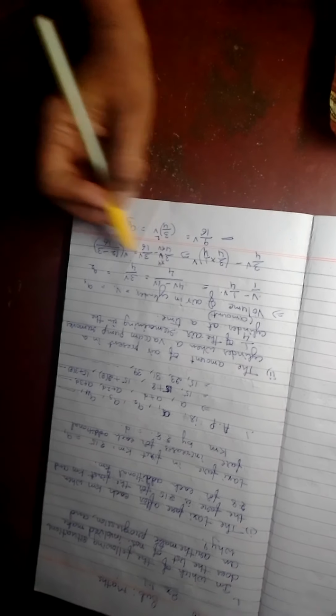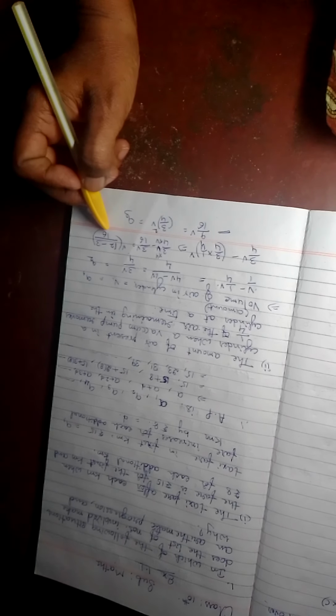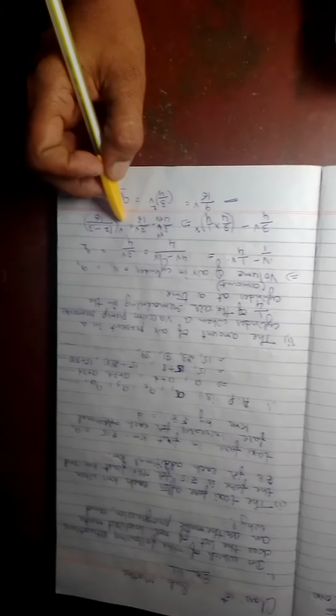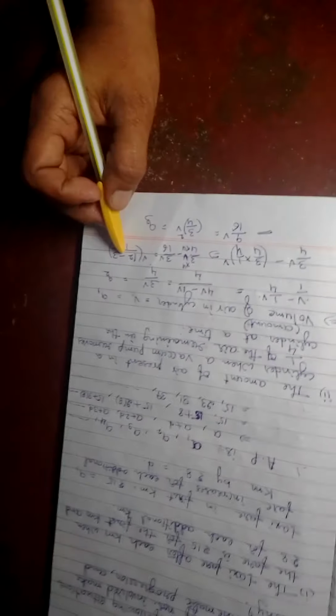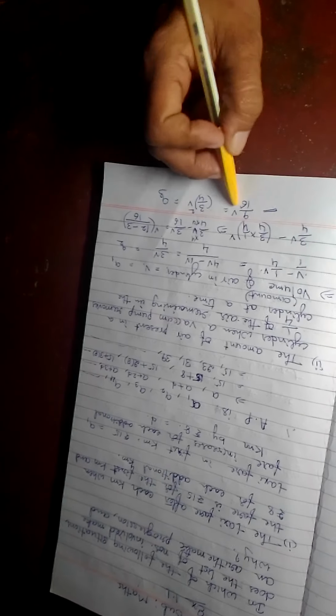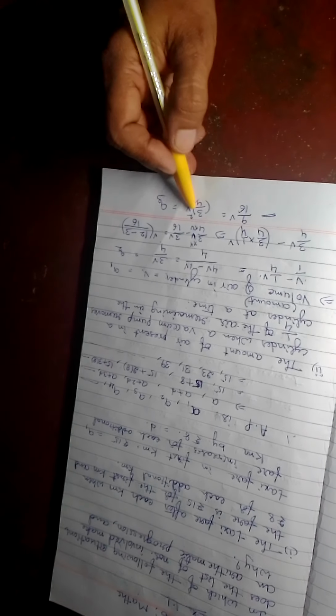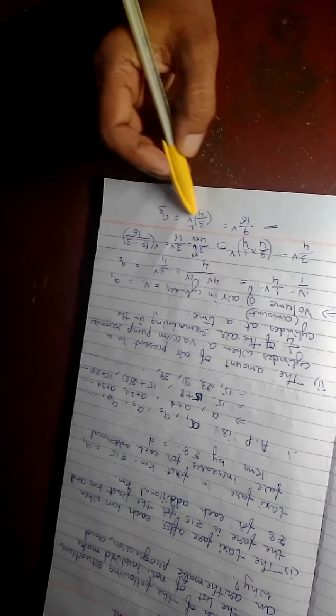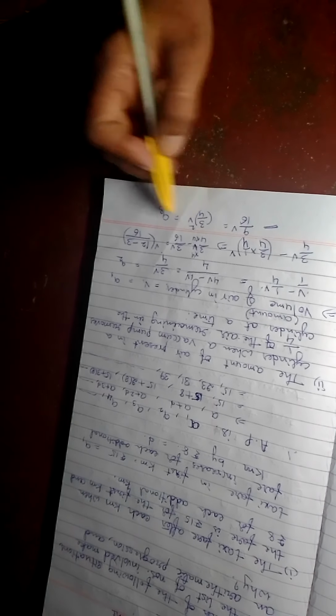Therefore 3 fours are 12 and 4 fours are 16. When denominators are equal, we subtract the numerators. 12 minus 3 is 9/16 V. 9/16 V can be written as 3 square and 4 square V, 3/4 whole square V. This is the third term.